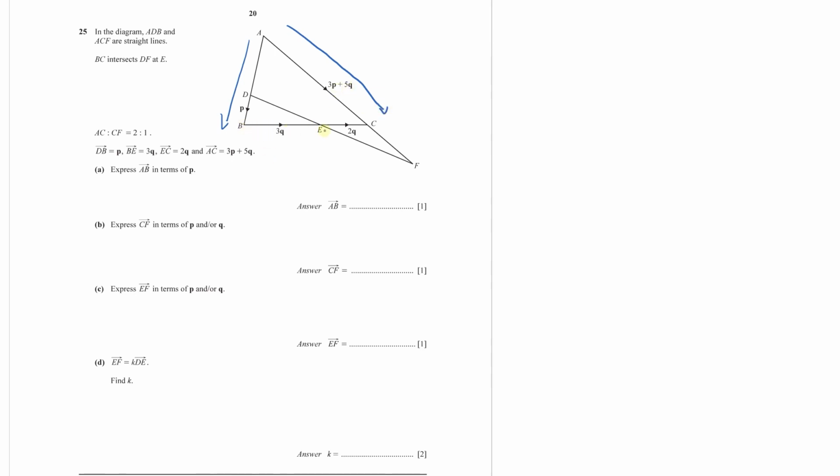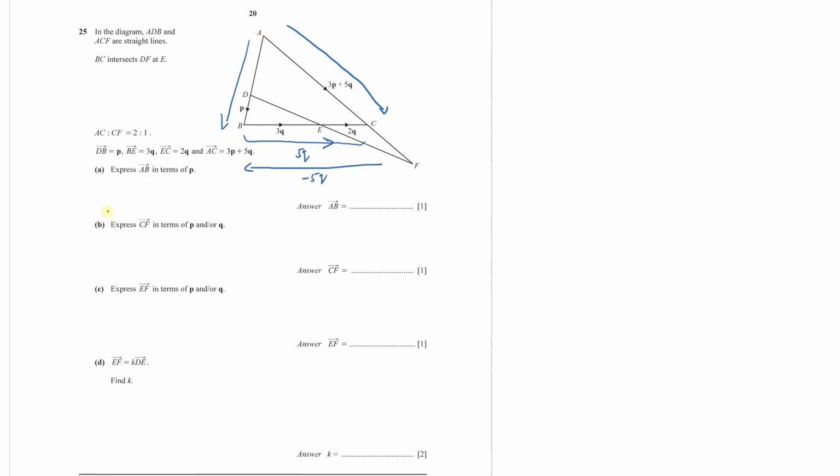And we know this vector BC would be 3q, which is BE. BE is 3q, and then EC is 2q. So this whole thing in this direction is 5q. So in the opposite direction, it will be minus 5q.